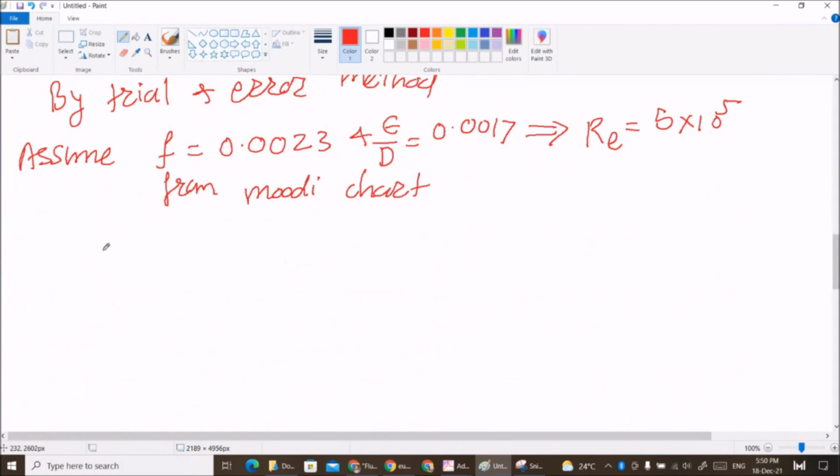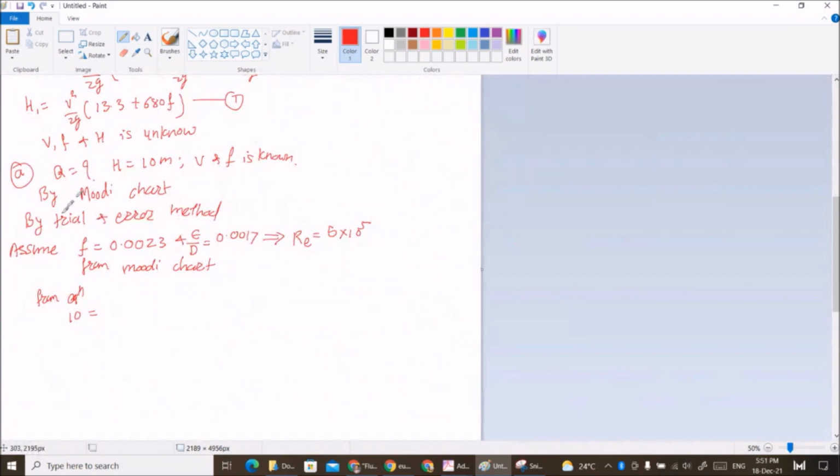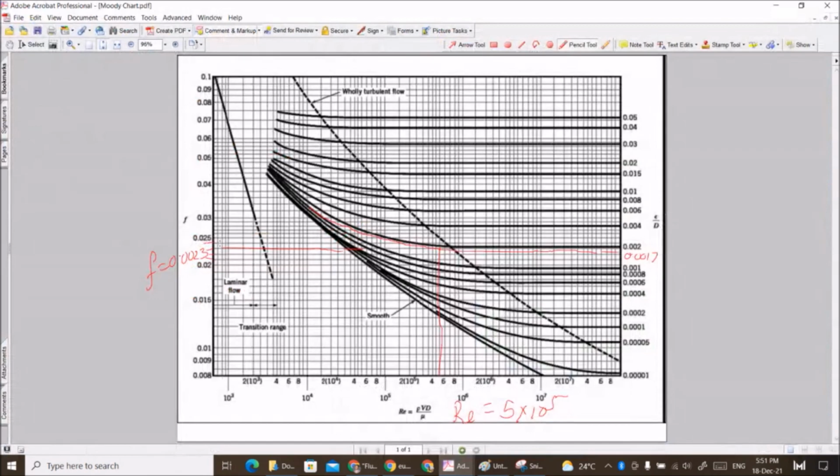So by assumption, from the equation, 10 is equal to v square by 2g into 13.3 plus 680 into 0.023.